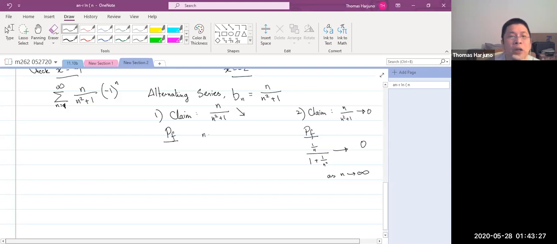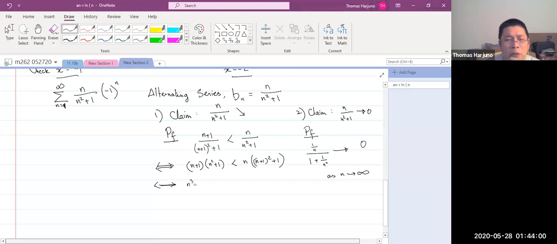Then how do we show that it is decreasing? I need to show that when I replace n by n plus 1, this is less than n over n squared plus 1. That's if and only if (n plus 1)(n squared plus 1) is less than n times ((n plus 1) squared plus 1). That's if and only if n cubed plus n squared plus n plus 1 is less than n cubed plus 2n squared plus 2n.